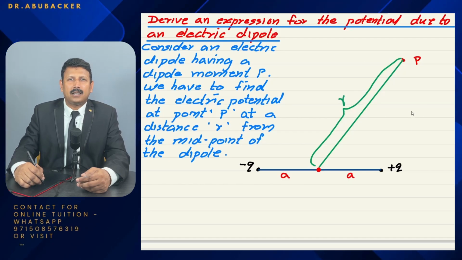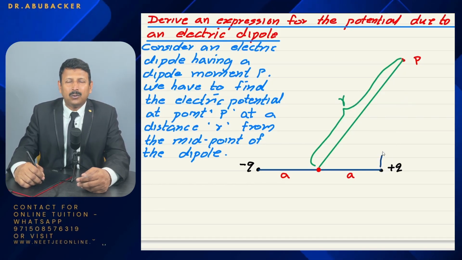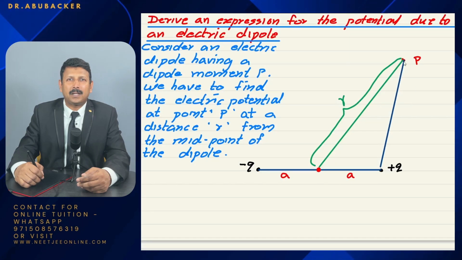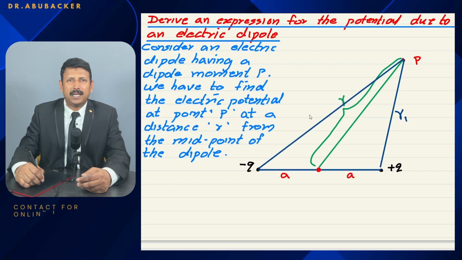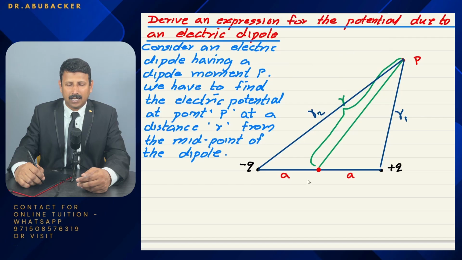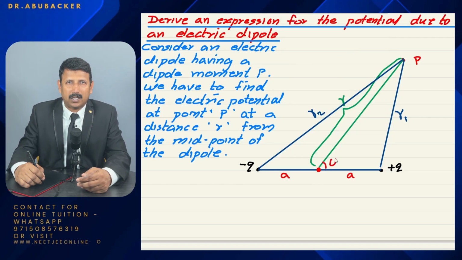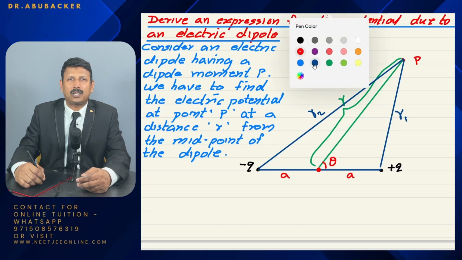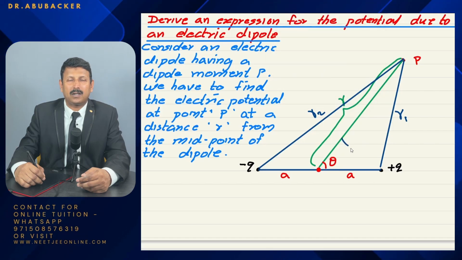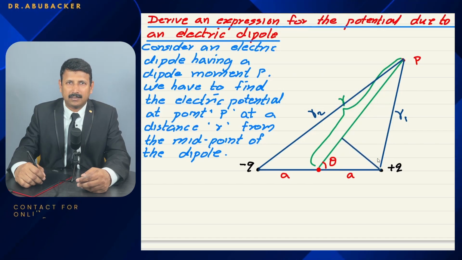Now, when we do the derivation, we need the distance between the plus charge and P as well as the minus charge and P. So plus q to P is r1, minus q to P is r2. We remember how to do this type of derivation from chapter number 1, because we already did the electric field due to a dipole, but that was two times, one for the equatorial and one for the axial line.